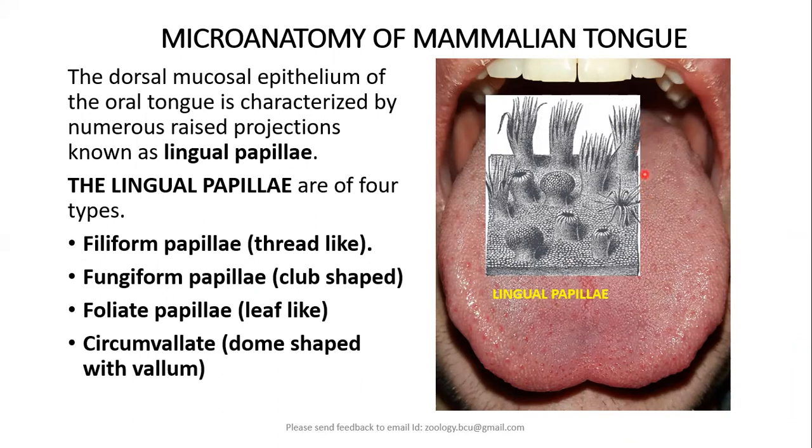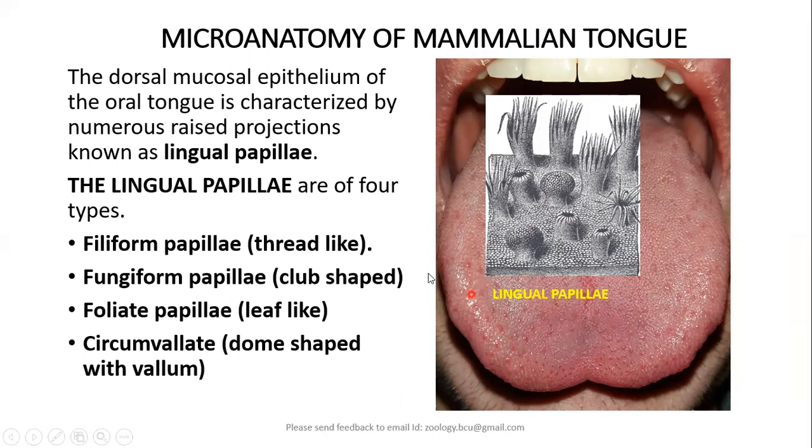So in the oral tongue region, we see a lot of raised projections here. These projections are called lingual papillae. Again, as you see here, the lingual papillae are of different shapes. And these projections actually give the rough surface to the dorsal surface of the tongue.